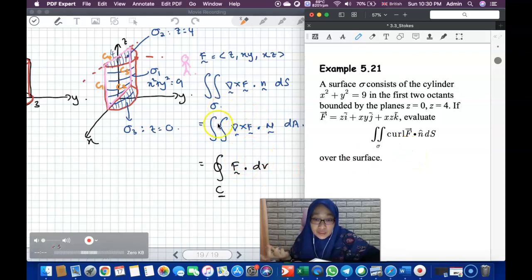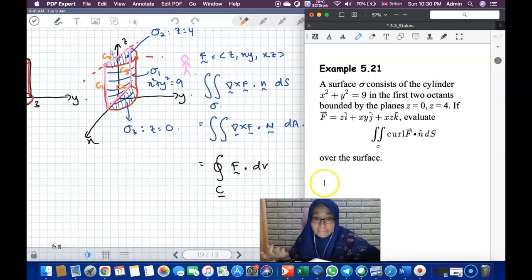You can proceed with the surface integral, or if you want to apply the Stokes theorem, then you have to compute the line integral. But if the question says to use Stokes theorem to evaluate the curl f dot n dS, then you have to follow the instruction.